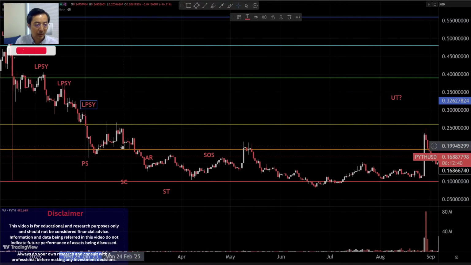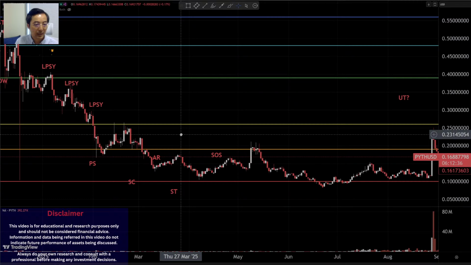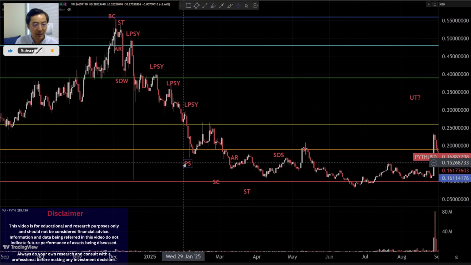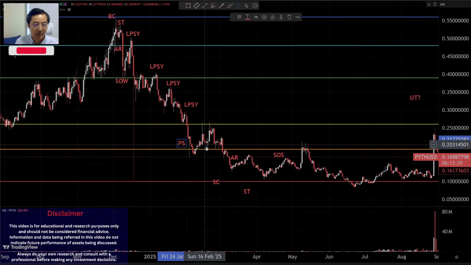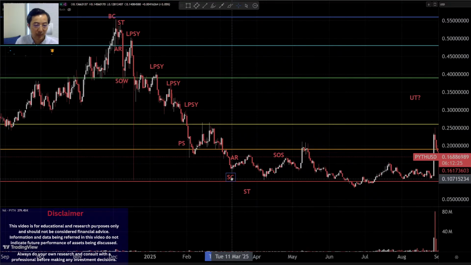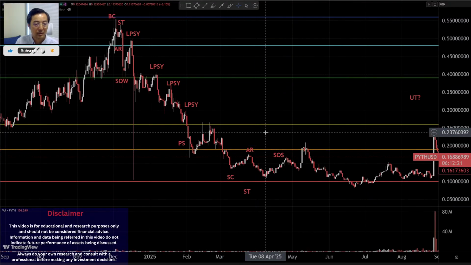Now the tricky part is this bunch of things over here. We can call that the preliminary support period. That's a bit of horizontal trading before the selling climax. That's the automatic rally.